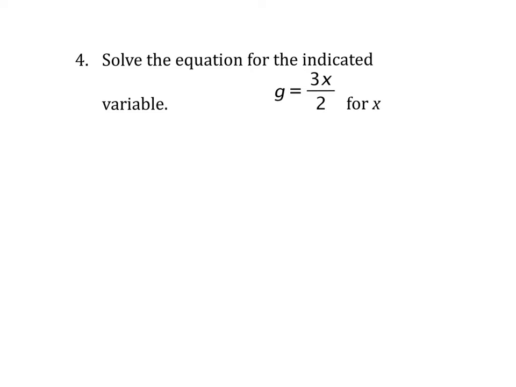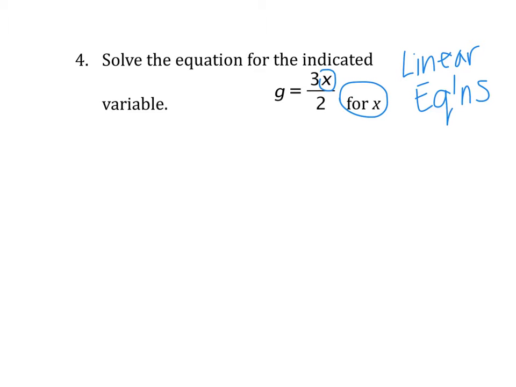Number 4, we're solving the equation for the indicated variable. This is a linear equation. Remember linear equations? You're pretty much just trying to isolate one of the variables, the variable that they want us to isolate in this case is x, which is located on the top of this fraction.